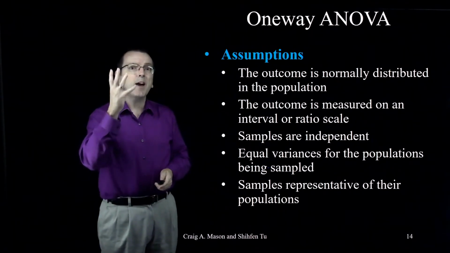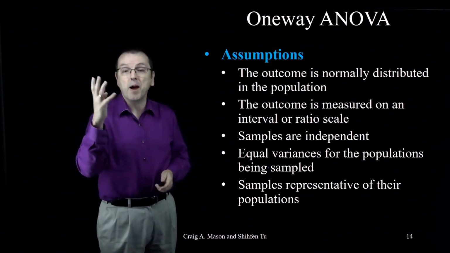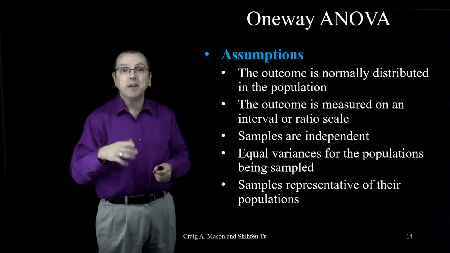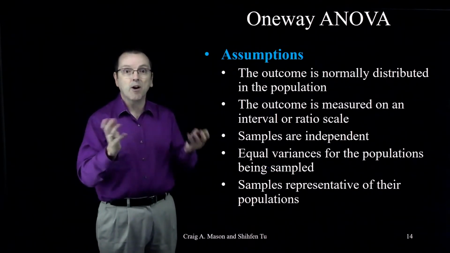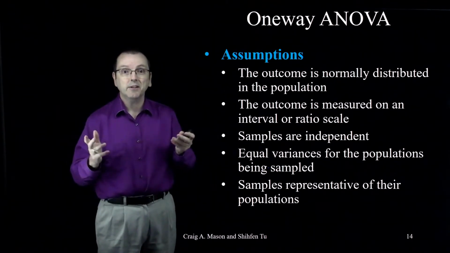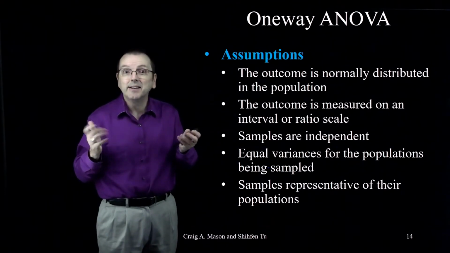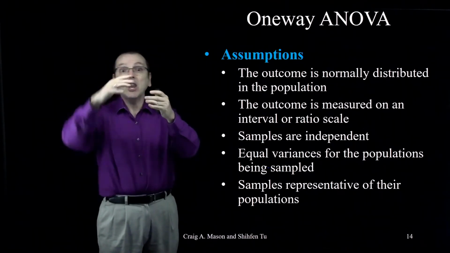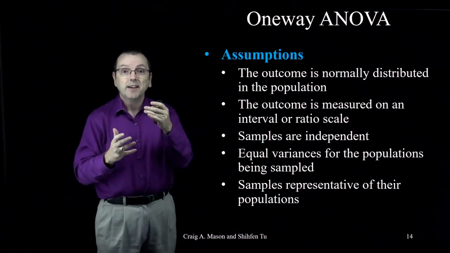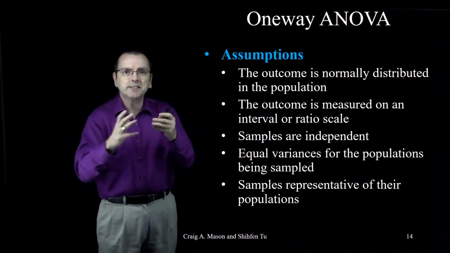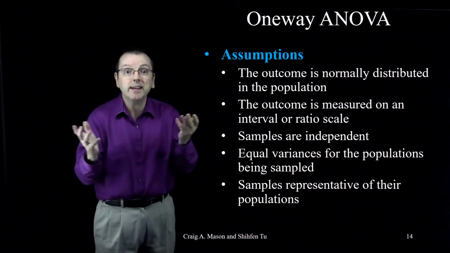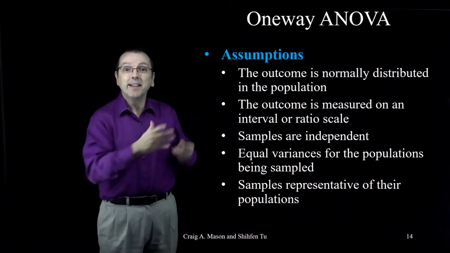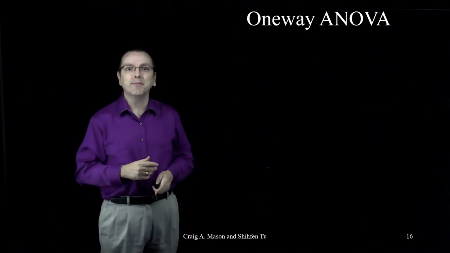Think, if we've got 4 different groups from 4 different populations, A, B, C, and D, maybe A and B and C and D are all different from each other, but maybe not. Maybe A is higher than B, but maybe A is a lot higher than C, but B is only a little higher than C, and maybe C and D are exactly the same. And that's just one way that the populations may differ.